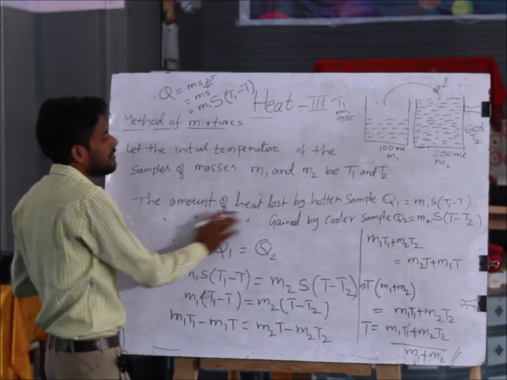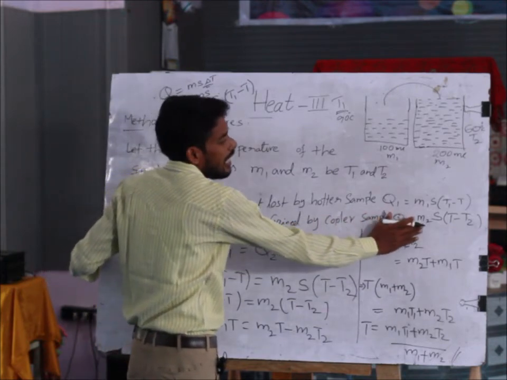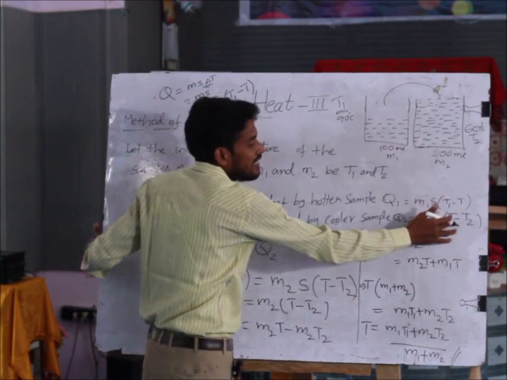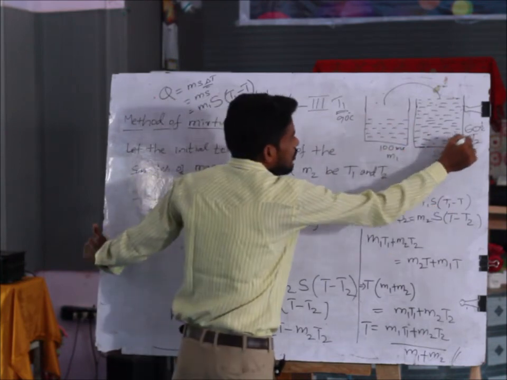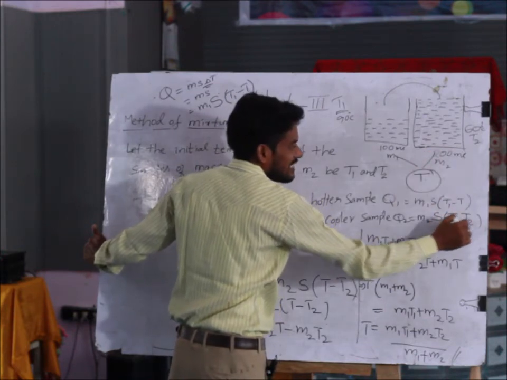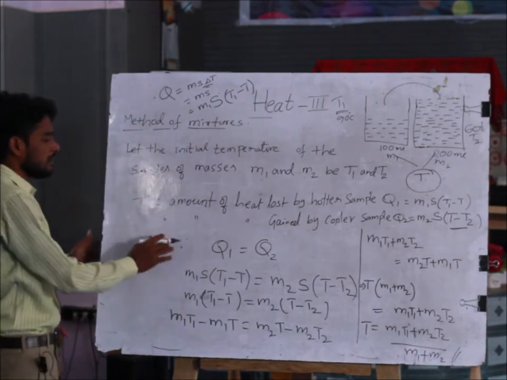Now the amount of heat gained by the colder sample, Q2, equals M2 specific heat S times the change from T2 to the mixed temperature T, which is greater, so you have to subtract T minus T2. Both are the same.